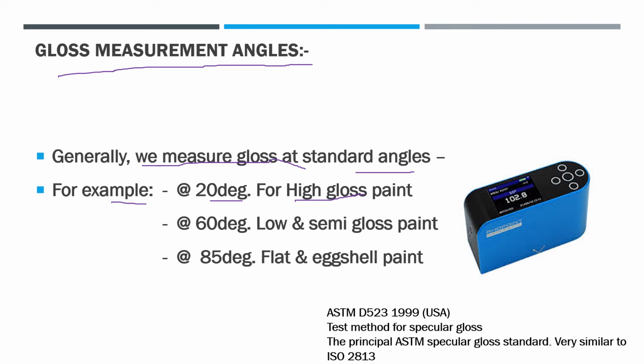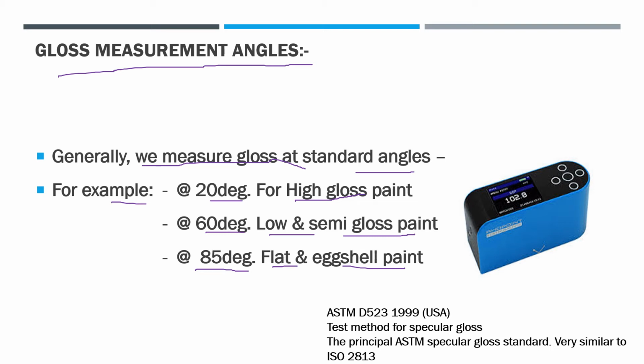At 60 degrees we check low to semi gloss paints, having a gloss level around 45 to 55 units. At 85 degrees we check gloss level for flat and eggshell paints, having gloss levels of 0 to 4 or 12 to 17 gloss units.